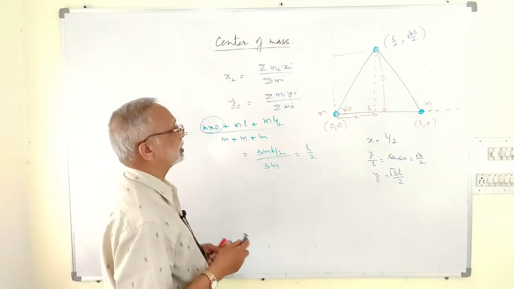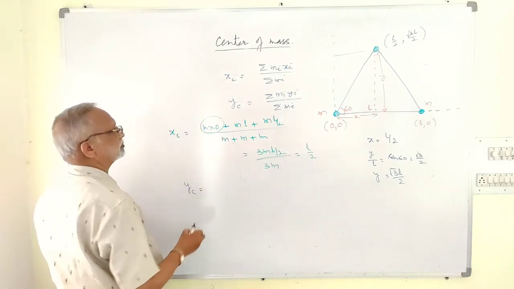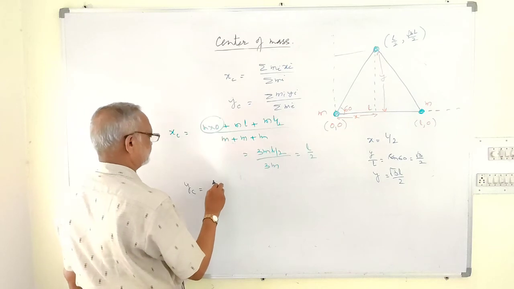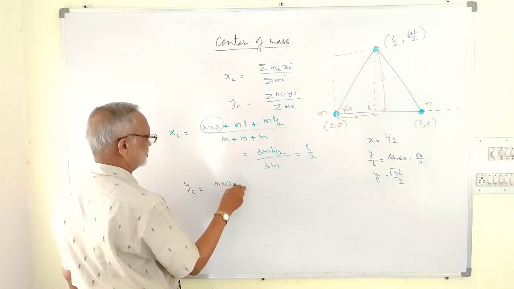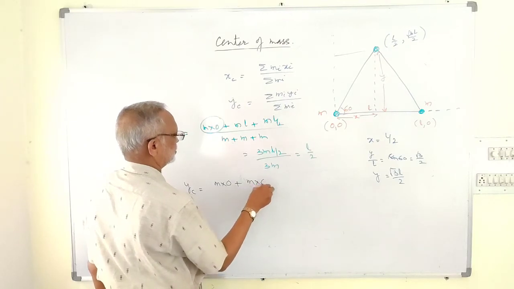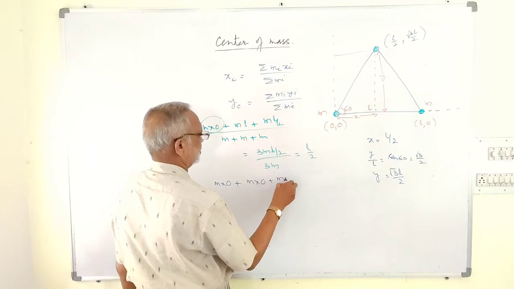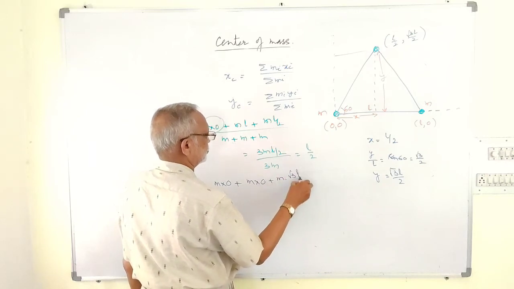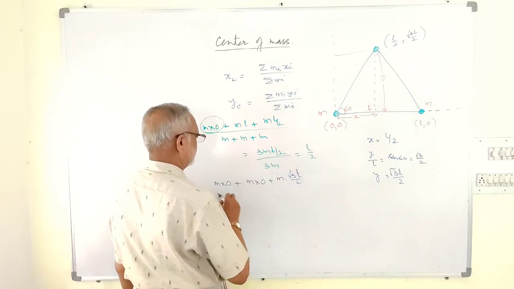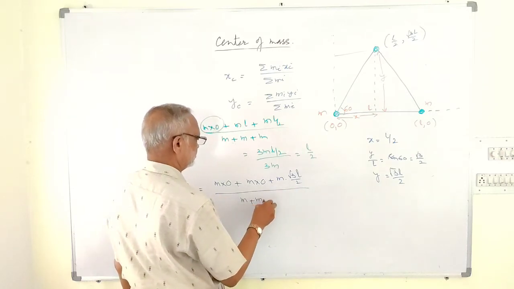Now the y coordinate of the center of mass. yc is equal to m1 y1, that is m into 0, plus m2 y2, m into 0, plus m3 y3, m into root 3 L by 2, whole divided by m plus m plus m.